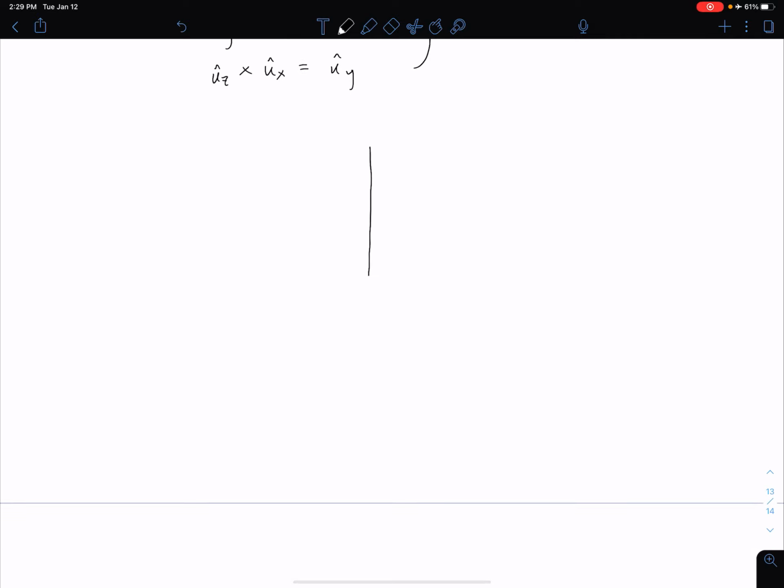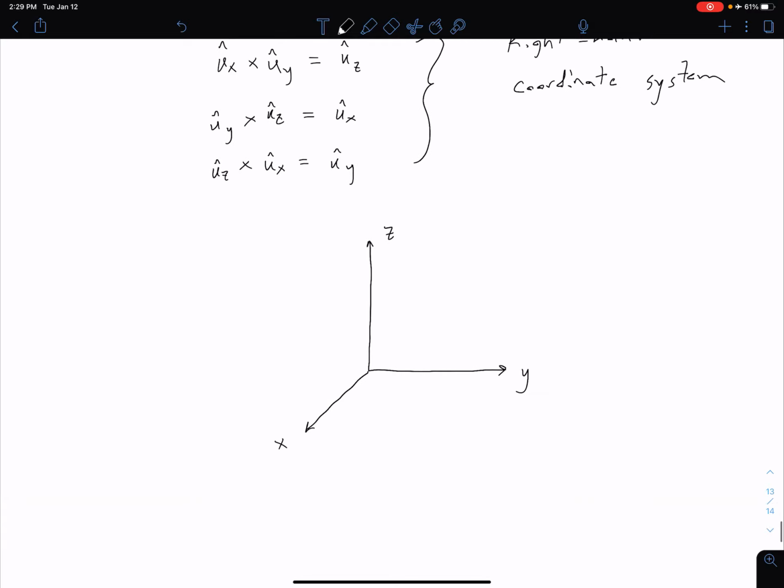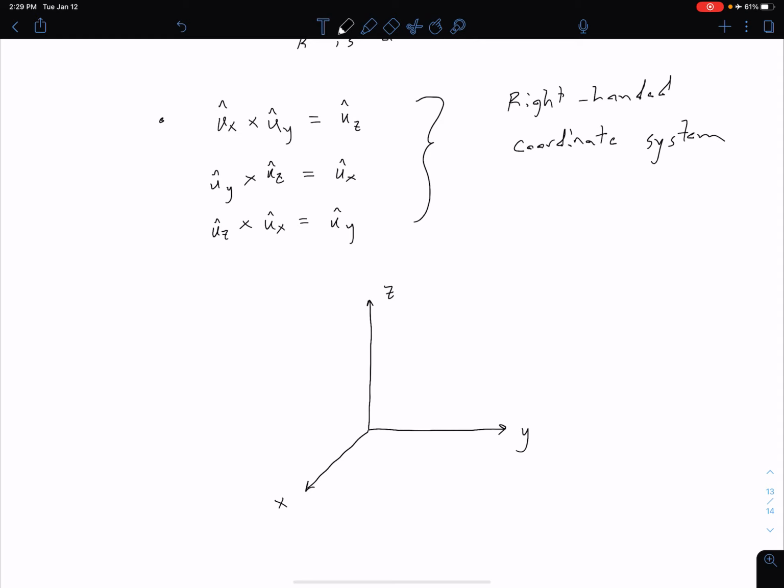Of course, we typically would draw our z here, our y here, and our x here. And if you go through and use that right hand rule, you can confirm any of these three things here. So for instance, let's look at this first one. If we put our fingers in the direction of x, curl them towards y, we notice that the thumb on our right hand is pointing in the direction of z.